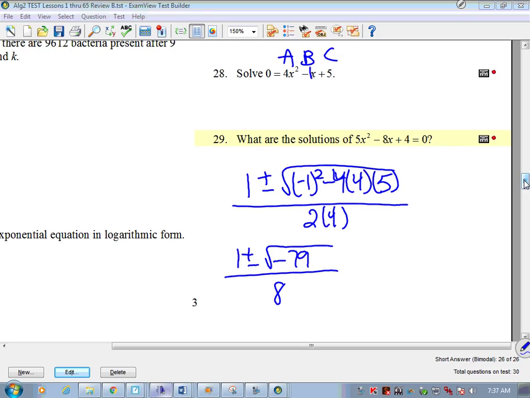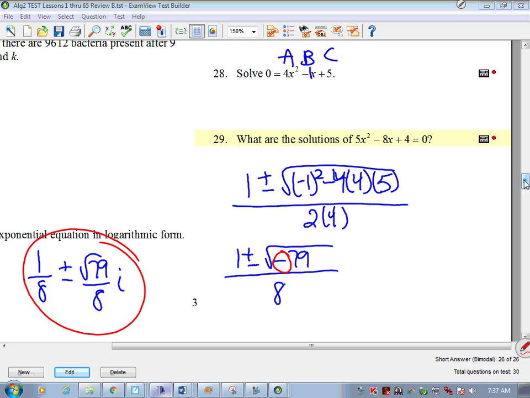Okay, and so this is an acceptable answer, but the way they're going to write this up is 1/8 plus or minus radical 79 over 8i. They're going to take this negative out and pull it out with an i. Okay, so this is our final answer using the quadratic formula.